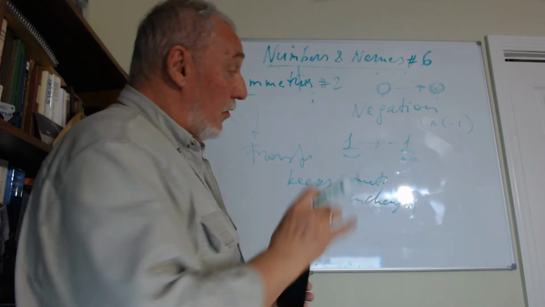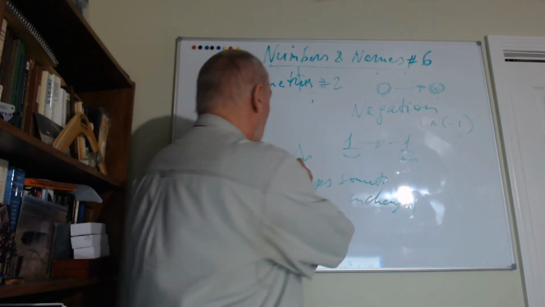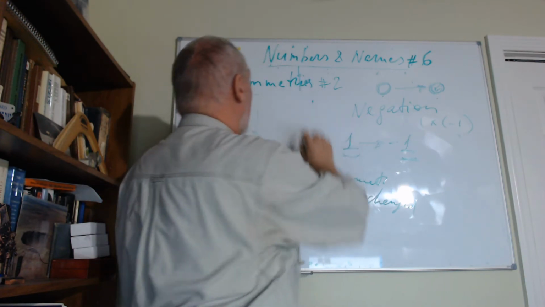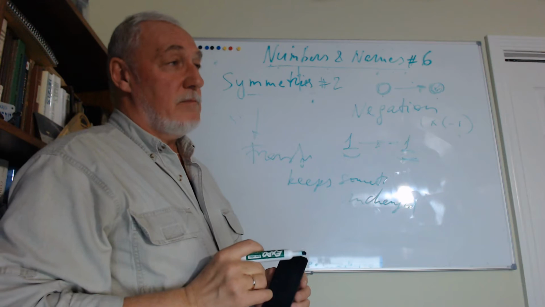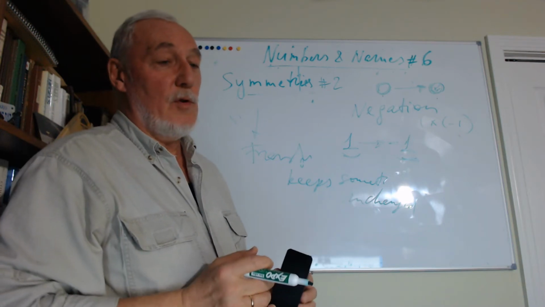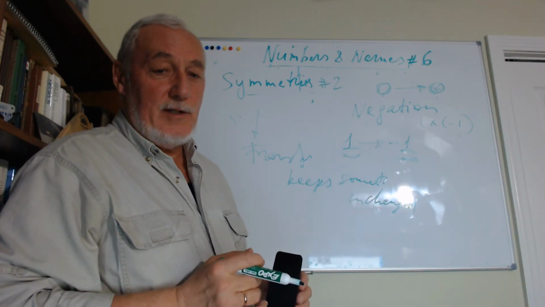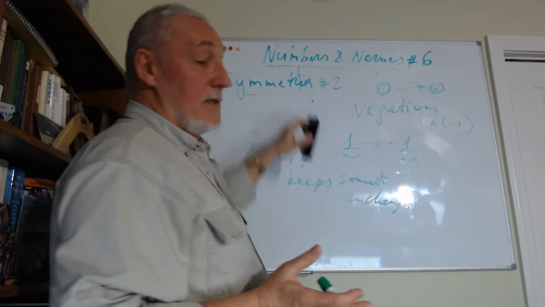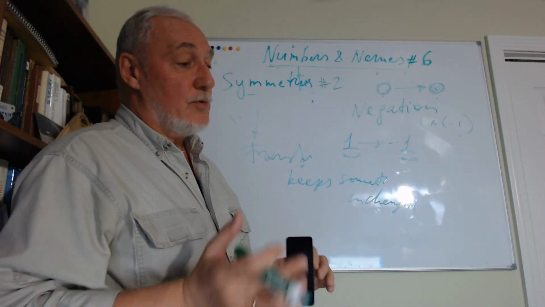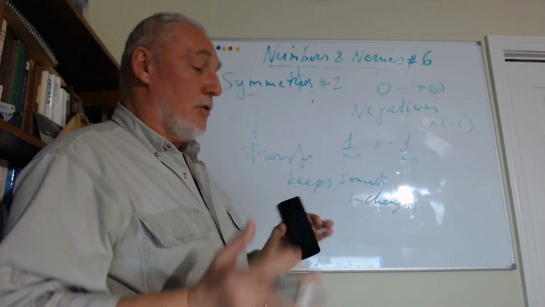And if you think about it a little more, you will understand that for this definition of what symmetry is, I would say almost every process in the world can be understood as a symmetry. It's just up to you how you talk about it.